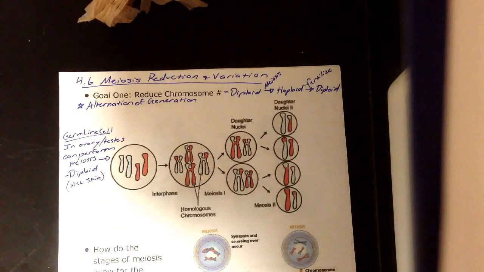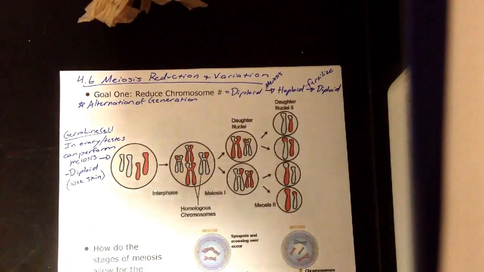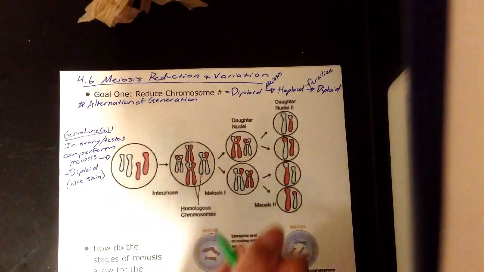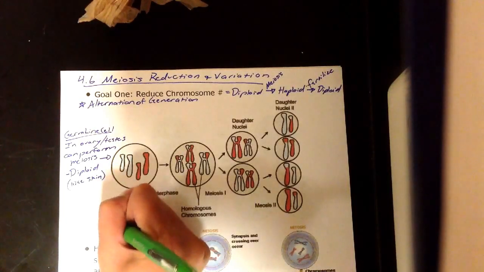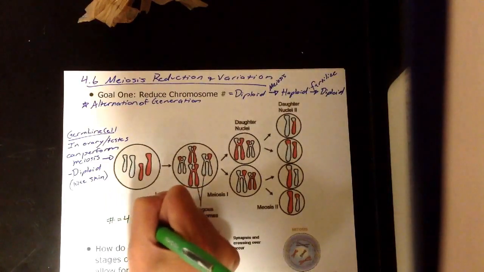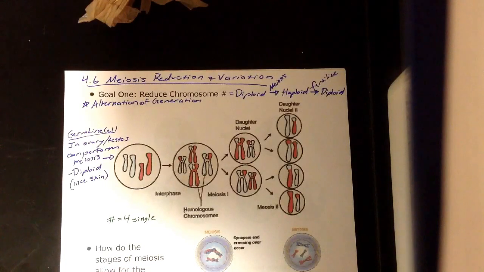So we're seeing a couple things in this diagram. One of the first things you should notice is that we have 4 chromosomes. In the first parent cell, the chromosome number is going to be 4, and they're going to be 4 single chromosomes right now. But what else do we see in this image?